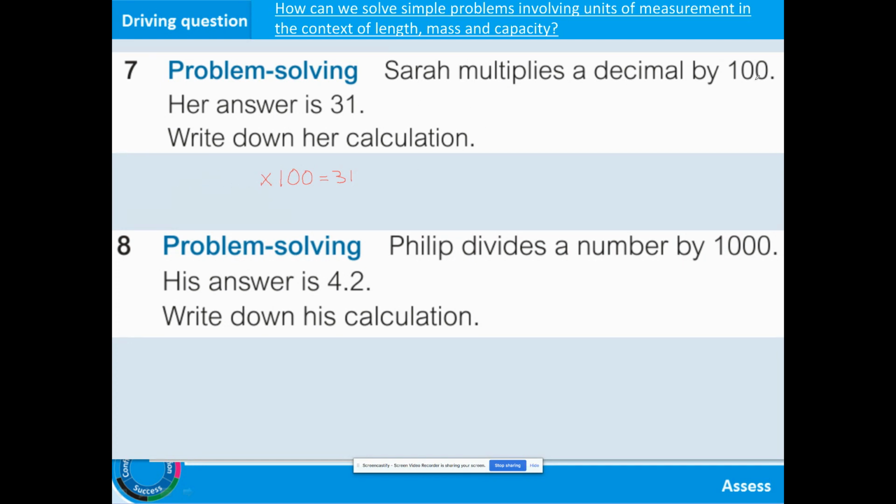Her answer is 31. We've got to find out what goes here. Now, the inverse, or the opposite, if you like, of multiplying is dividing. So if we divide 31 by 100, we'll get what goes here.